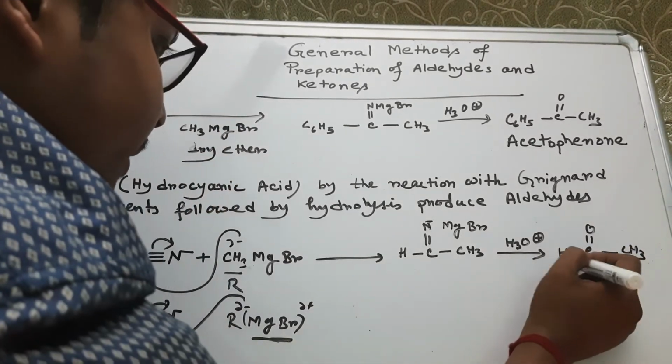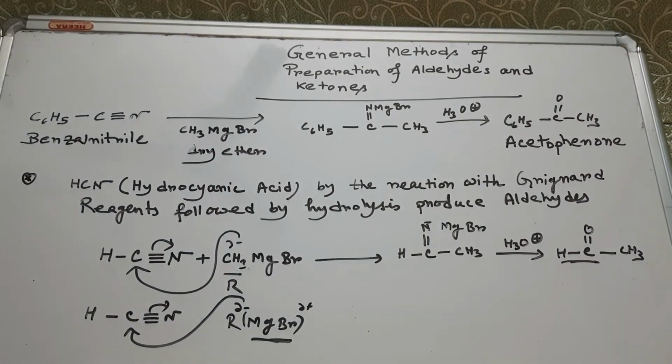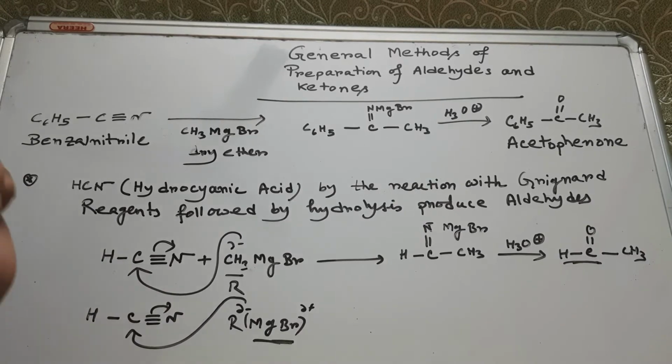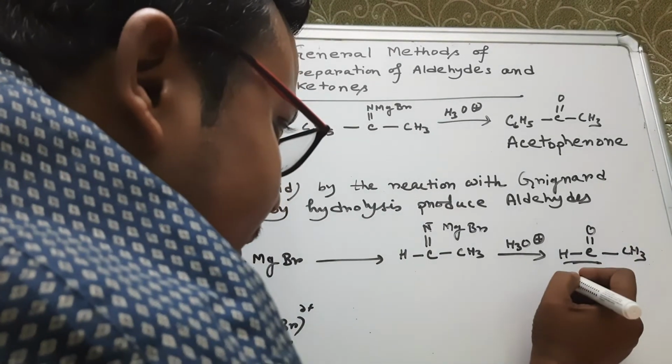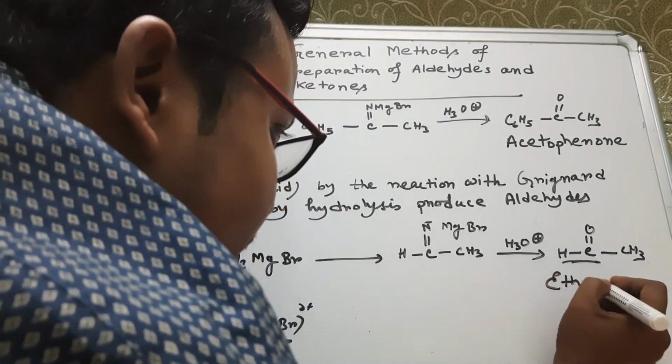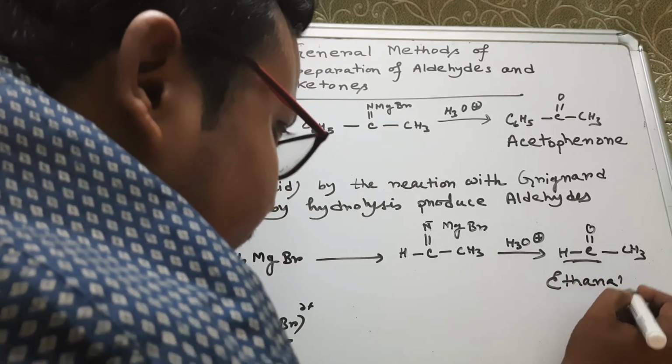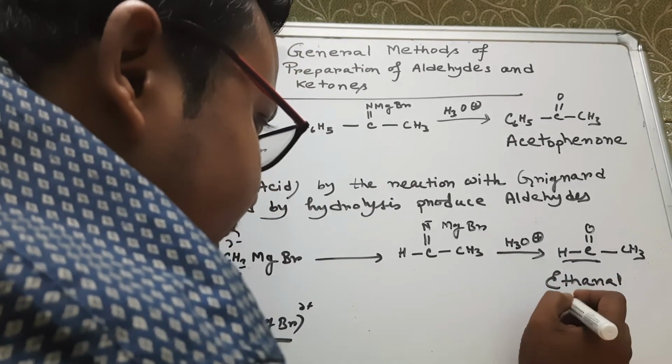So this portion will be the aldehyde group, CHO. This is a 2-carbon compound, called ethanal or acetaldehyde.